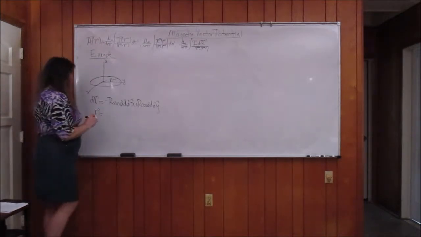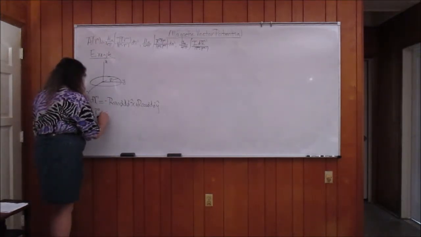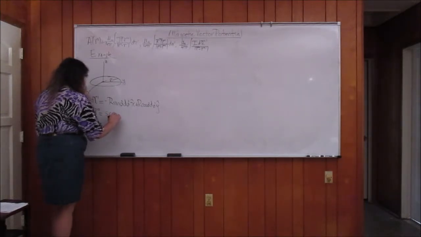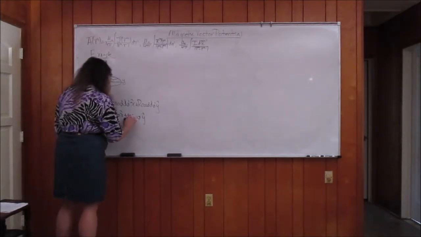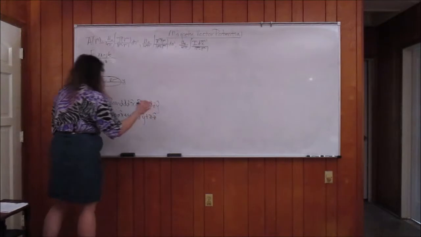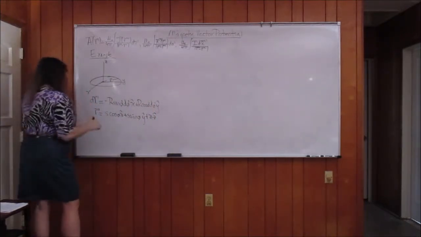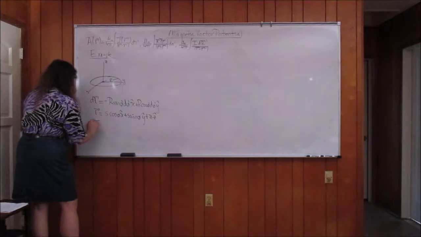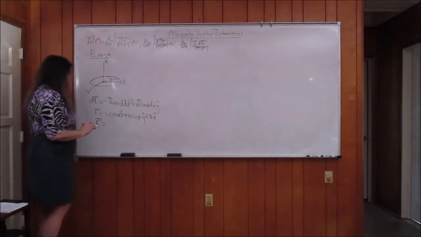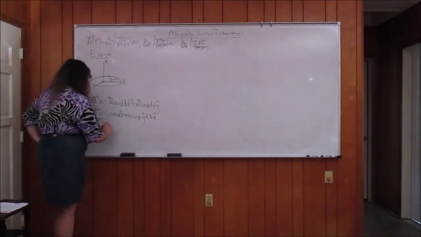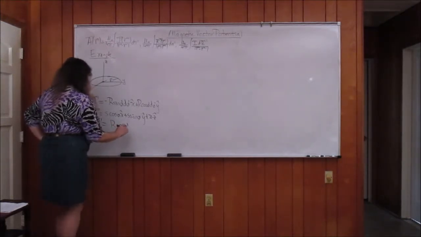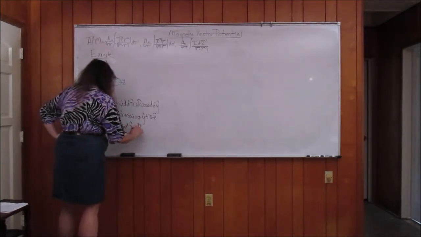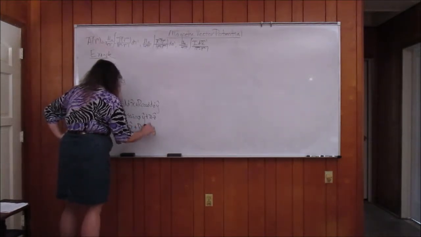R, our field point, we'll take to be at s cosine phi in the x direction, plus s sine phi in the y direction, plus z in the z direction. R prime is equal to R cosine phi prime in the x direction, plus R sine phi prime in the y direction.